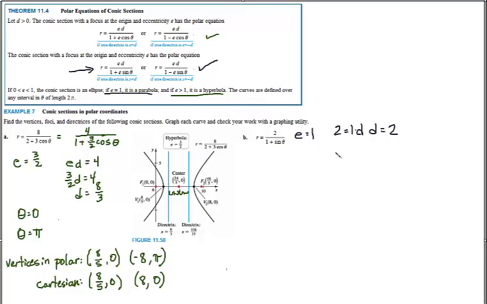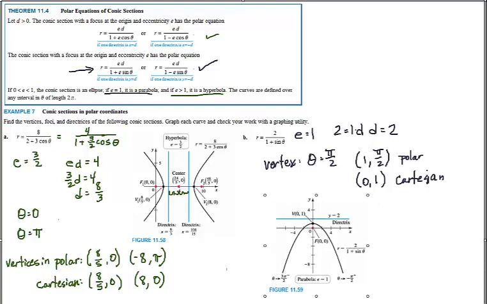The vertex corresponds to theta equals pi over 2, and this is going to give me the polar coordinates 1, pi over 2, which in Cartesian coordinates would be 0, 1. So let's go ahead and see if we can graph this.